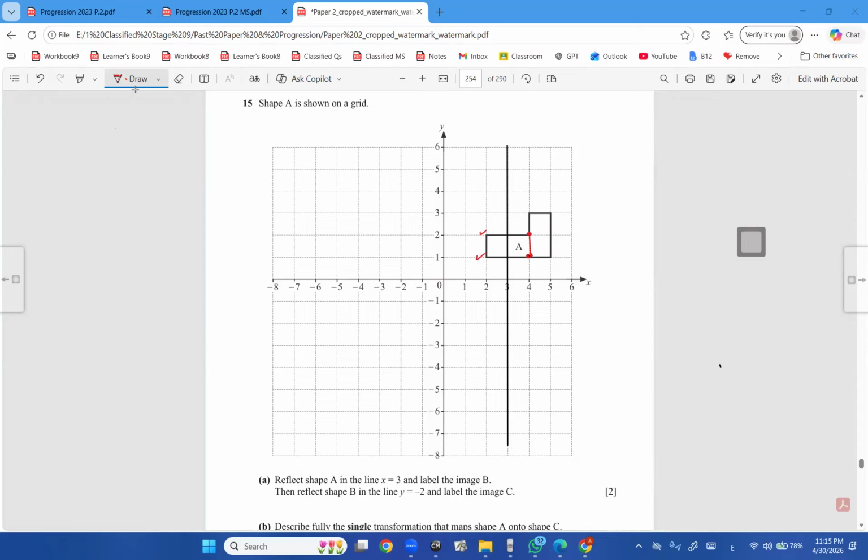Now, you've got to reflect the other vertices. The other vertices here, this one, it is 1 away from the mirror, then it's going to be here. And this, so it is going to be here. I'm going to connect it now with this. And then you're going to find that this vertex here is too far away from the middle line.